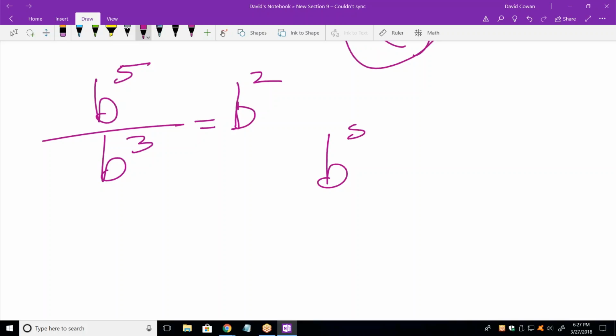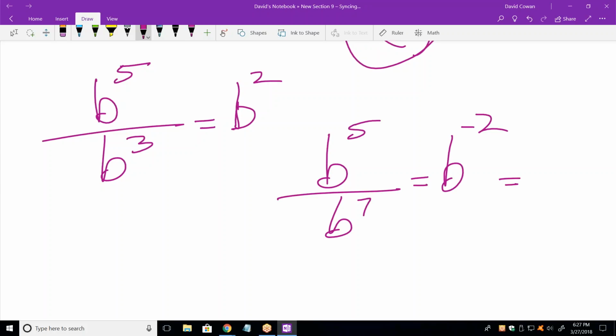Now let's change the problem a little bit. Let's make it b to the 5th over b to the 7th. Now what is it? Would that be -2? Yeah, but the instruction said do not give any answers with negative exponents, so I have to convert that to a positive exponent. Remember, that has nothing to do with negative.